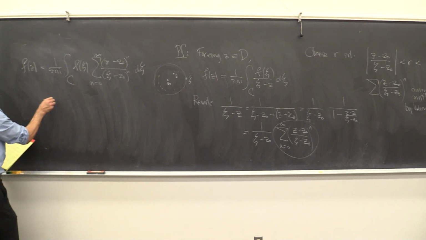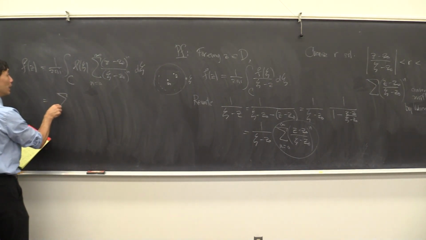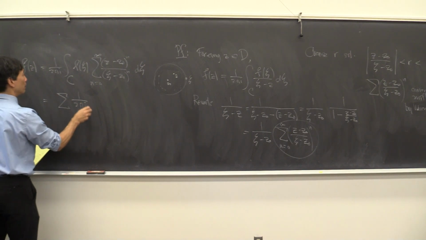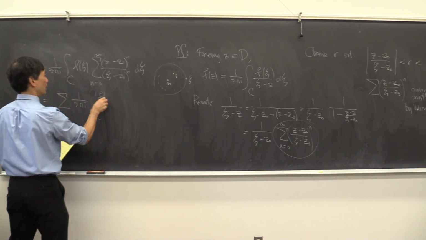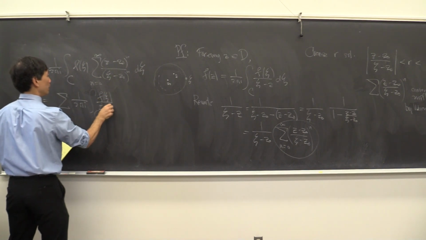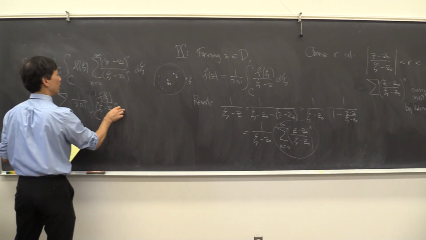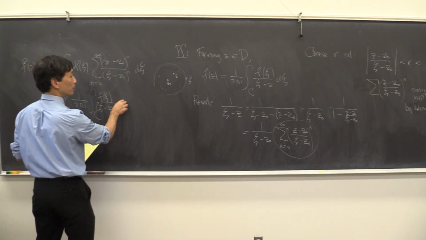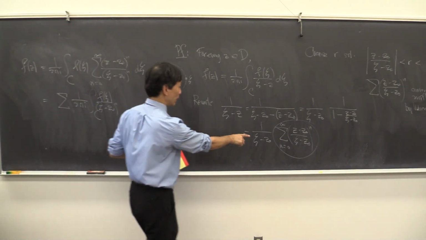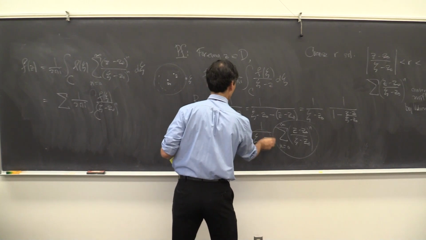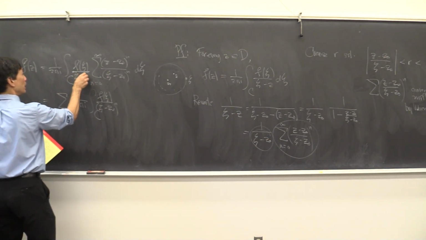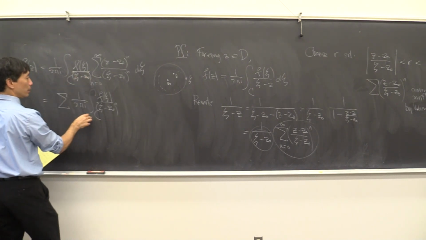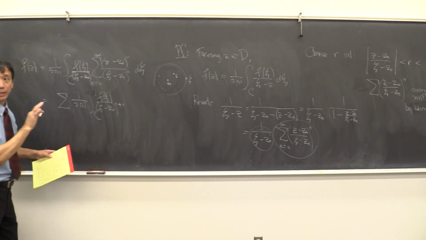By uniform convergence, we get the integral of f of zeta over (zeta minus z naught) to the n. Sorry, I made a mistake. There should be a zeta minus z naught out here, and that gives me a plus 1 here.